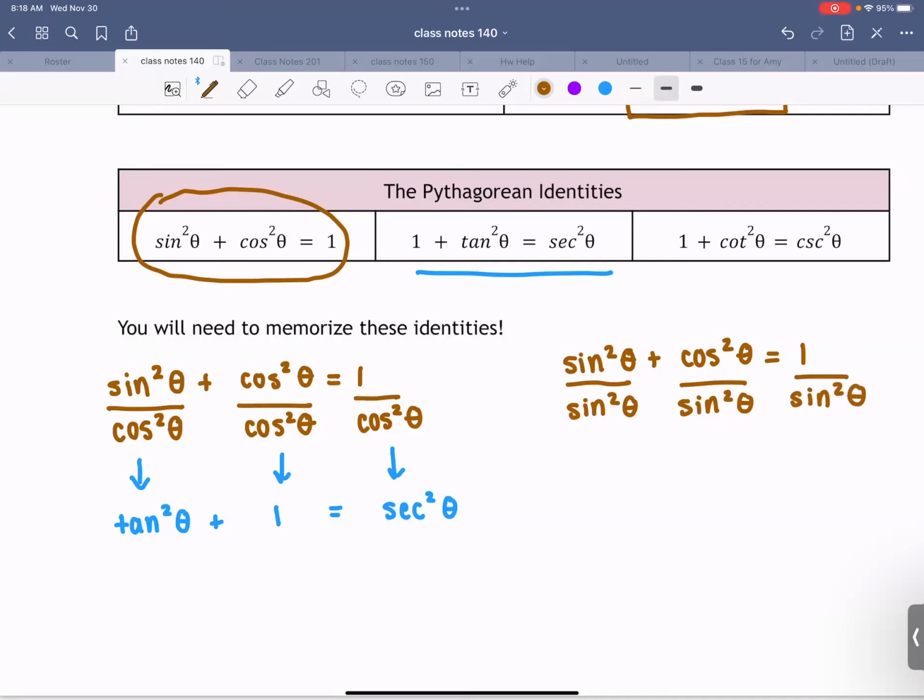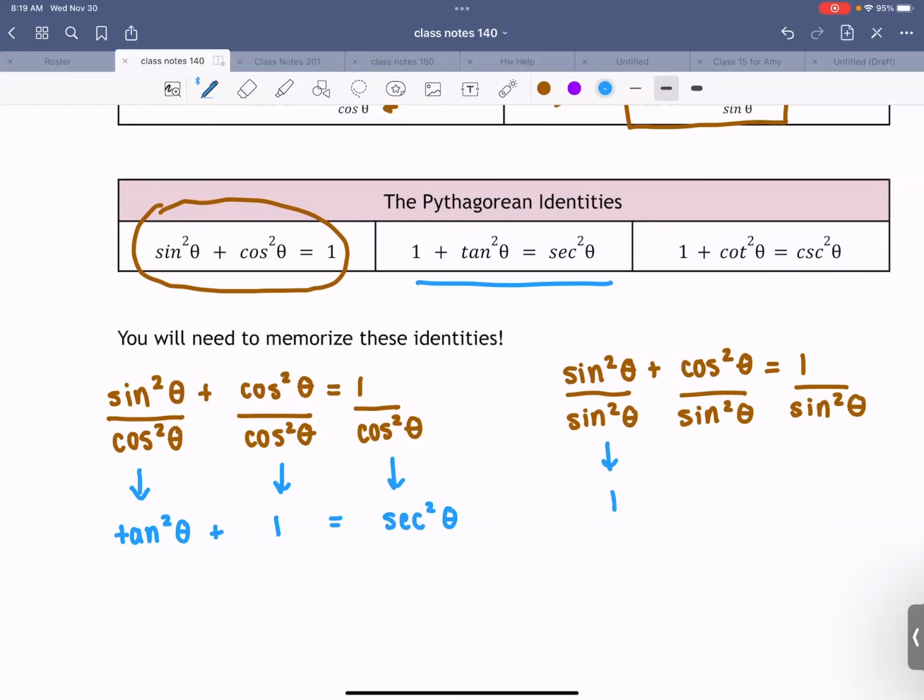Okay, sine squared over sine squared, well, it's the same thing as cosine over cosine. This is going to be 1. Cosine squared over sine squared is actually going to be cotangent squared this time, right? And then 1 over sine squared is going to be cosecant squared. Okay, and well, we've landed at the last one.